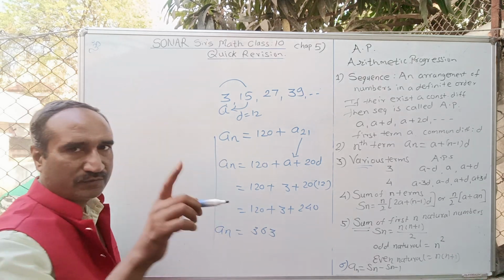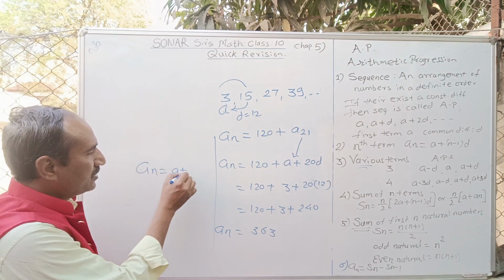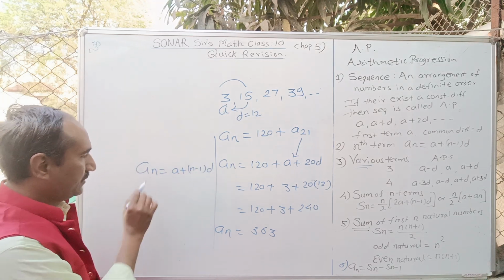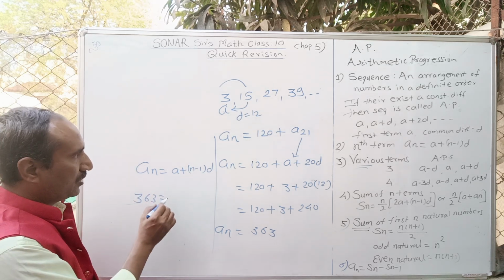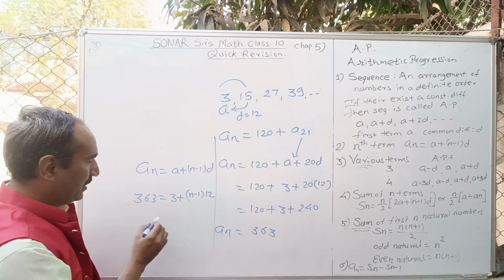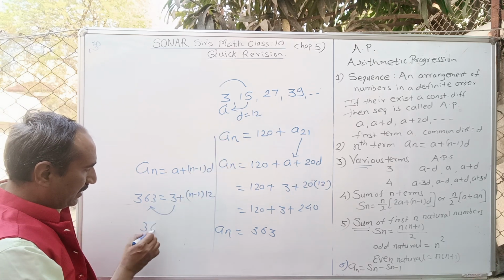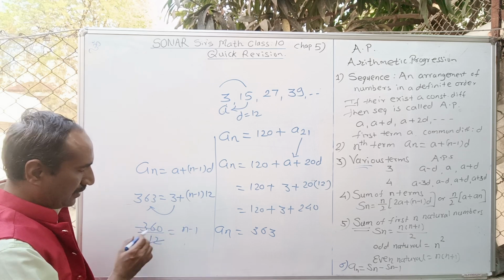Now which term? We'll find the number of terms again by using the first formula. So the nth term is 363, the first term is 3, the number of terms we don't know, and the difference is 12. If we subtract, we'll get 360. If we divide it by 12, we get the answer, 30.